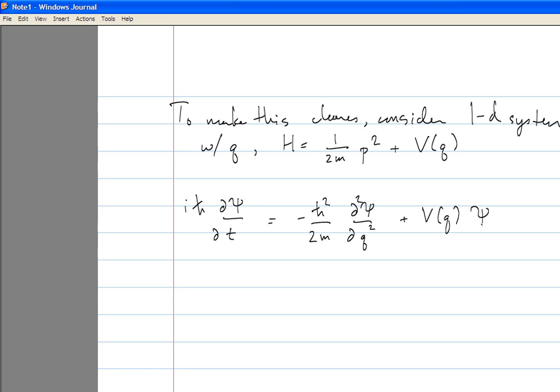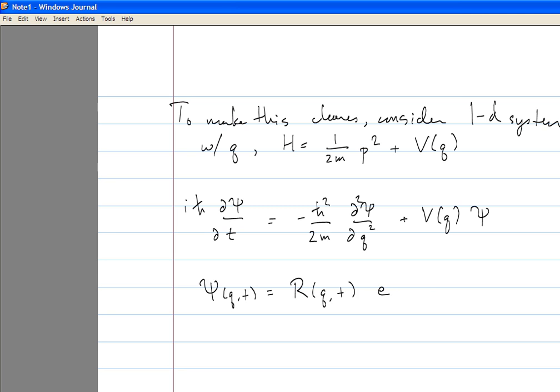Okay. So what is the wave function physically? Well, the norm of the wave function is something that's totally clear. The norm of the wave function is the probability for the particle to be at a given point. So let's break up this wave function into a modulus r, which is the norm of the wave function, and a phase.